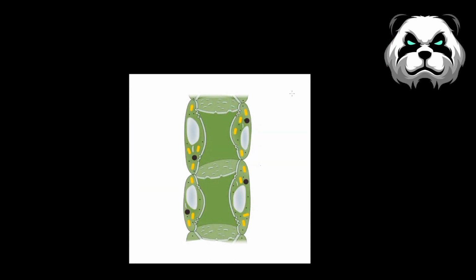And as the final example of differentiation in plant cells, I want to have a look at phloem. Phloem. Notice the spelling, please. The first point I would make to you is that phloem is a tissue made up of two different cell types.